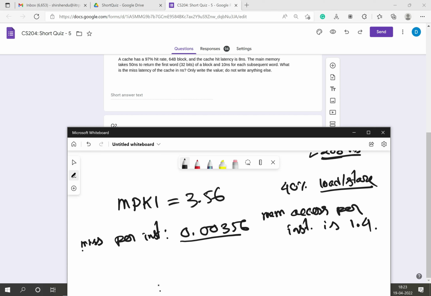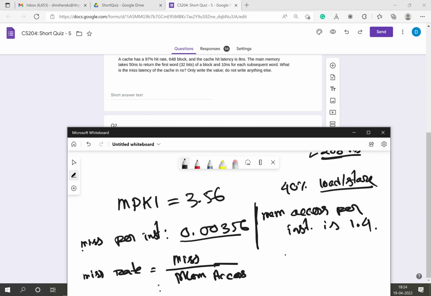The question is about miss rate. Miss rate is misses per memory access. Here misses per instruction is 0.00356, and memory accesses per instruction is 1.4.